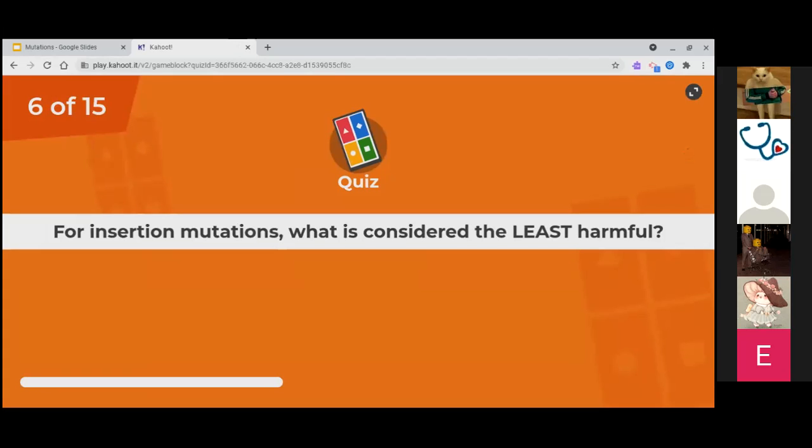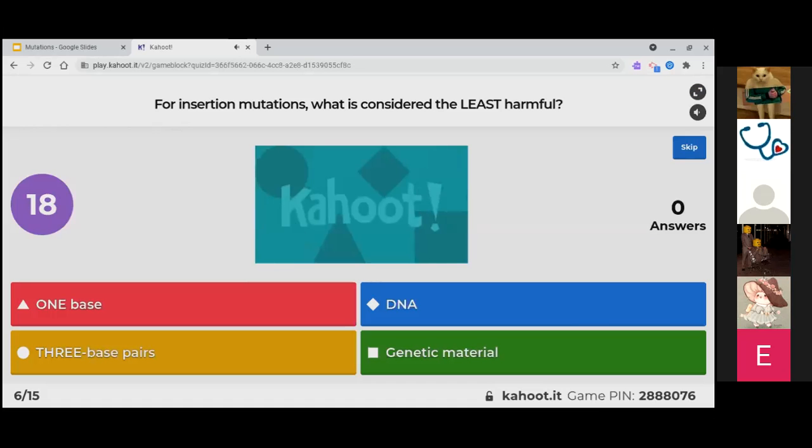For insertion mutations, what is considered the least harmful? So you have an insertion of one base, an insertion of 3 base pairs, an insertion of DNA, or an insertion of genetic material.